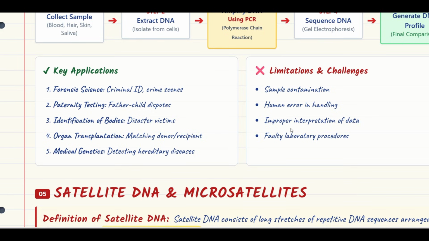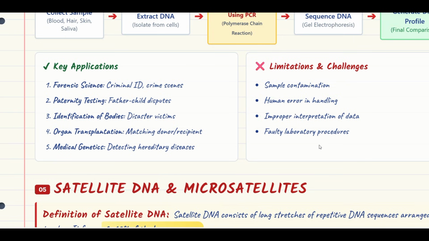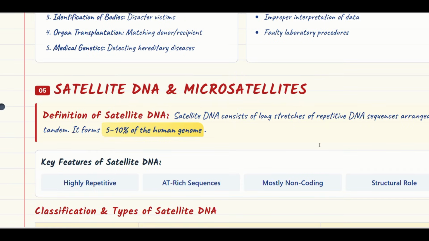Improper interpretation of data: the generated DNA profile may be interpreted improperly, so the meaning will differ. Faulty laboratory procedure can also happen: some machines that process DNA fingerprinting may have defects, and then the procedure also becomes wrong.